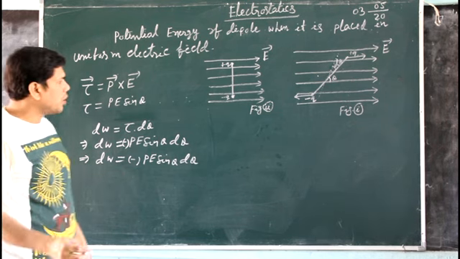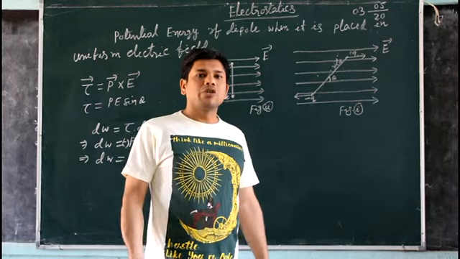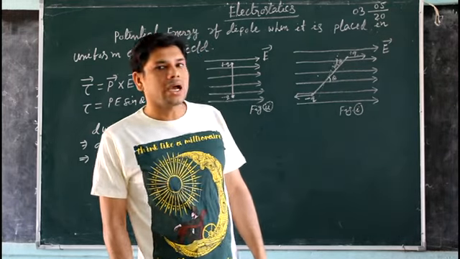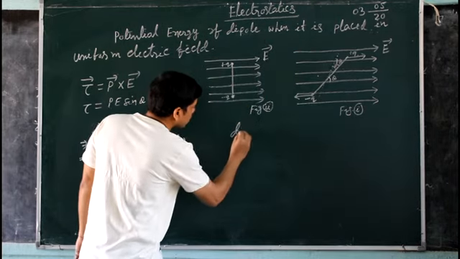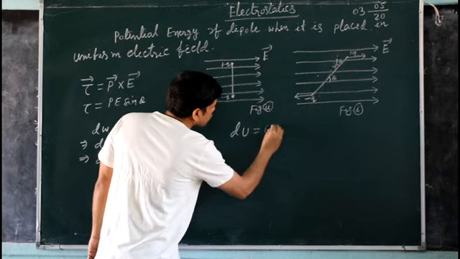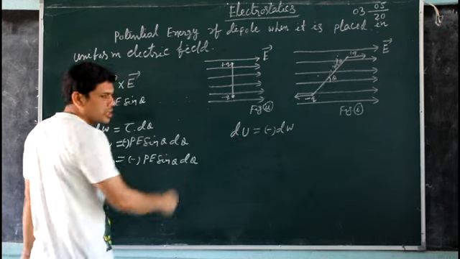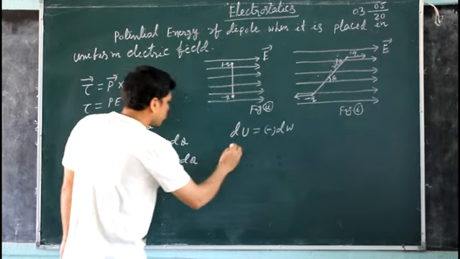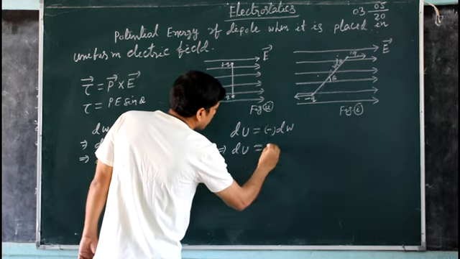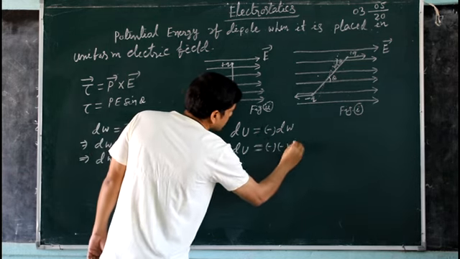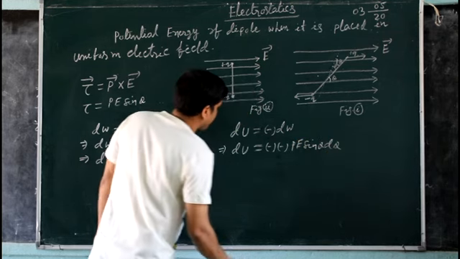Now, from the relation between change of potential energy and work done, already discussed, we know dU equals minus dW. Using this relation, dU, the change of potential energy, equals minus of minus PE sin theta d theta.